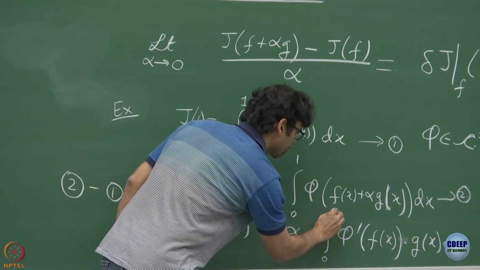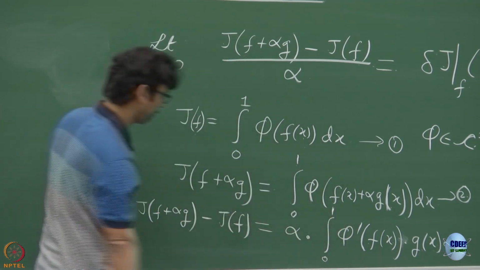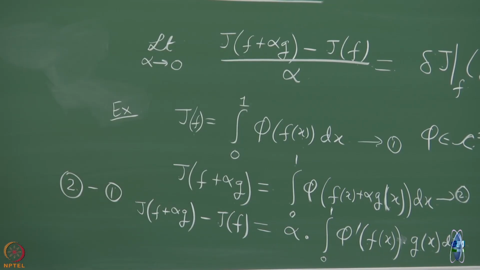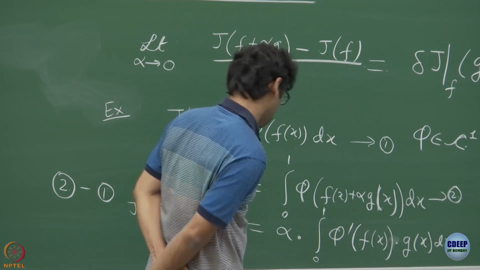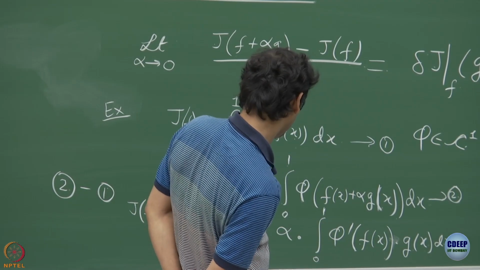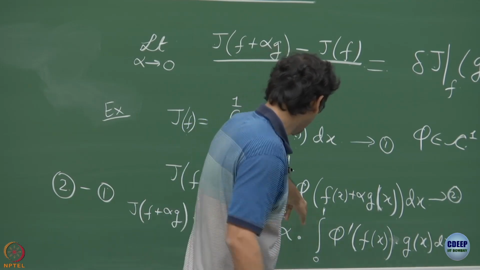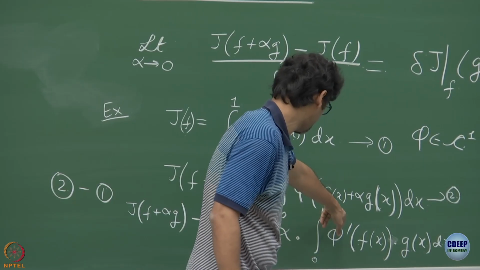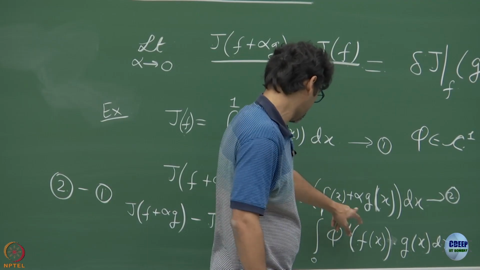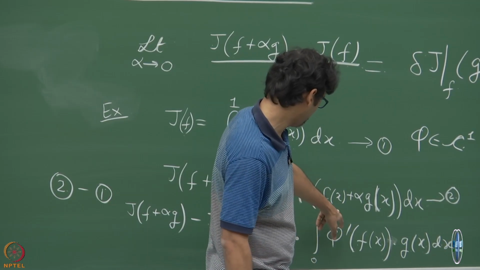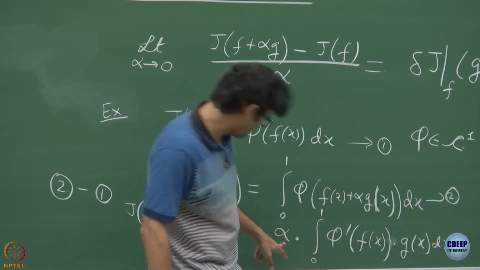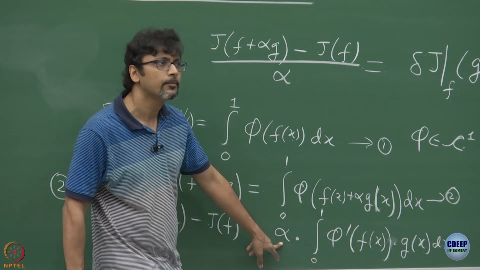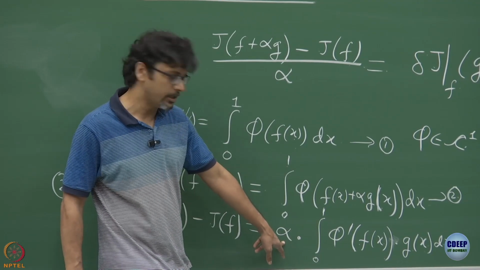So what do you think is the first variation then in this case? Sorry? Okay, I think I've already missed something here, am I missing something? No, the alpha is already here, right? That's already here.